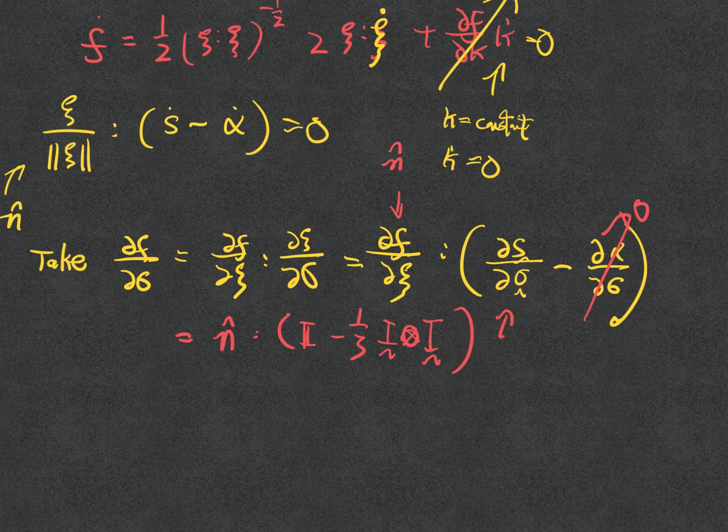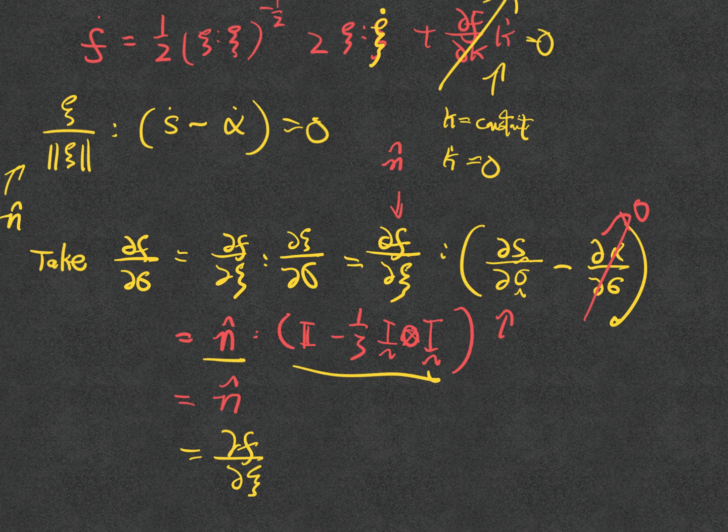One important property of this tensor is that the double dot product between this fourth order tensor and n, the second order tensor, is simply n itself. So we come up with this.